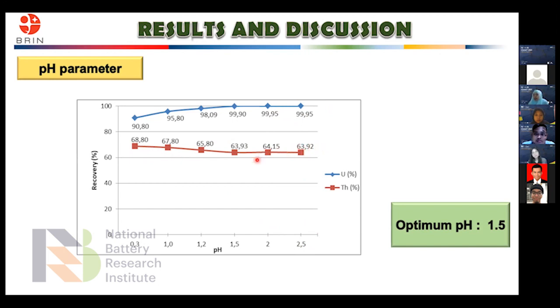From this data, the optimum pH was chosen at 1.5, which has a fairly high uranium recovery of 99.90% and a relatively low thorium recovery compared with others, which was 63.93%.